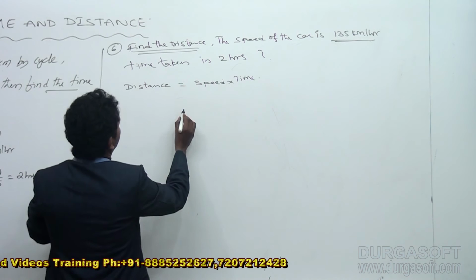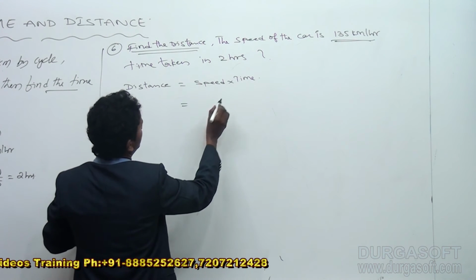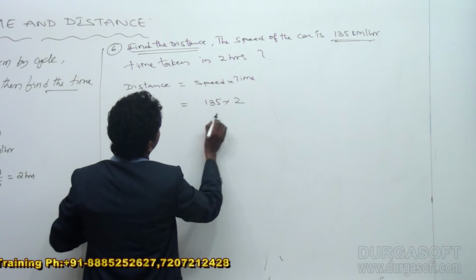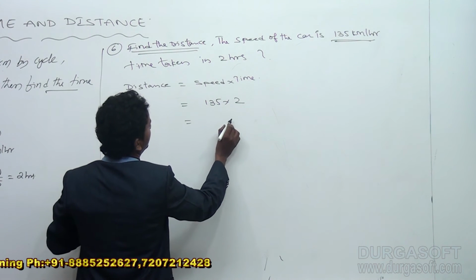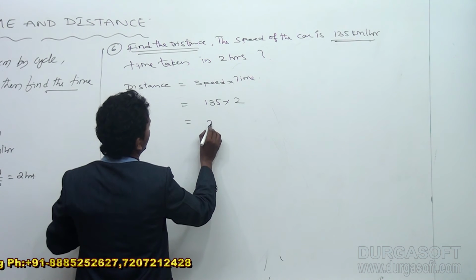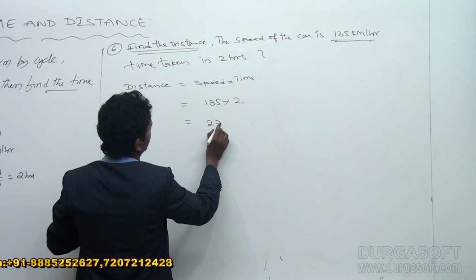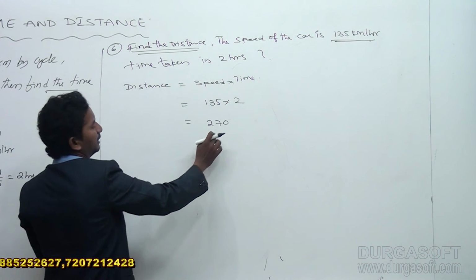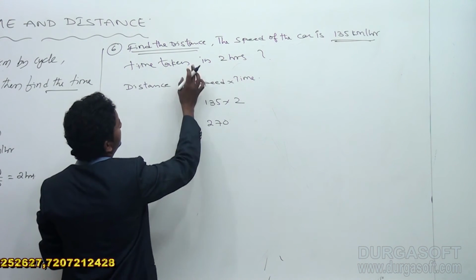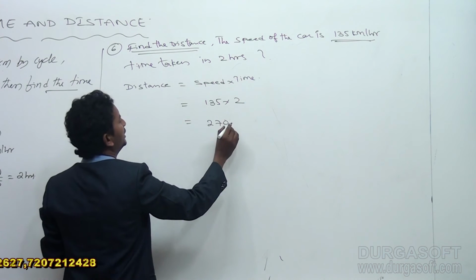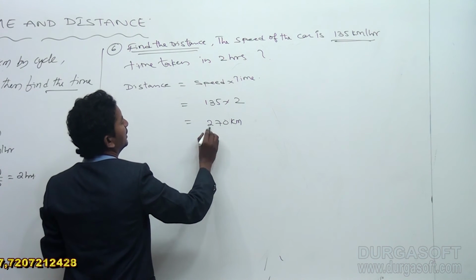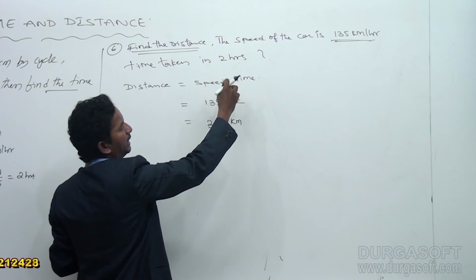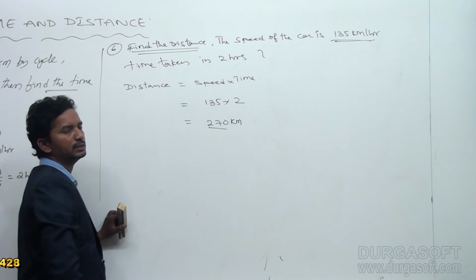Speed is 135 kilometers into 2 hours: 135 twos are 270. So 5 twos are 10, 3 twos are 6 plus 1 is 7, so 270. Now what is the distance? Kilometers is there here. Hours is given, kilometer per hour is given. Hour will be cancelled here and kilometer will remain.